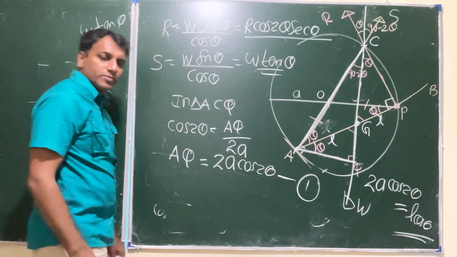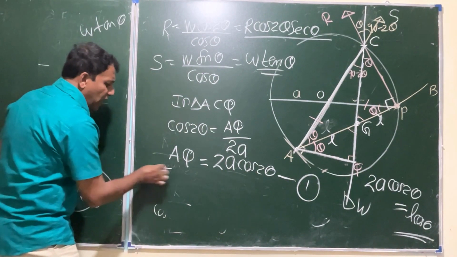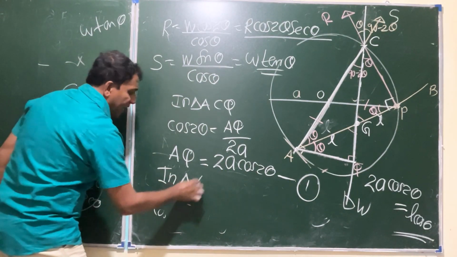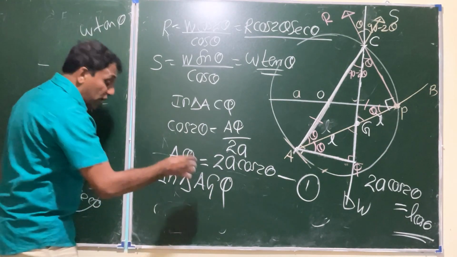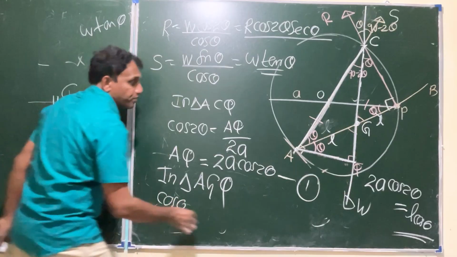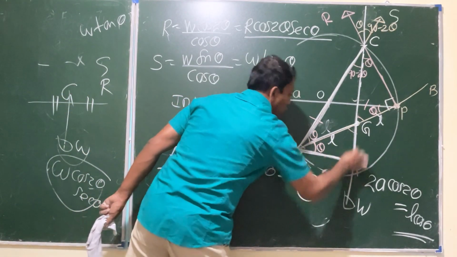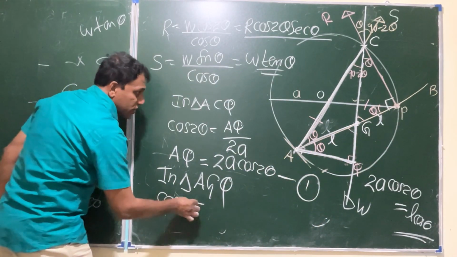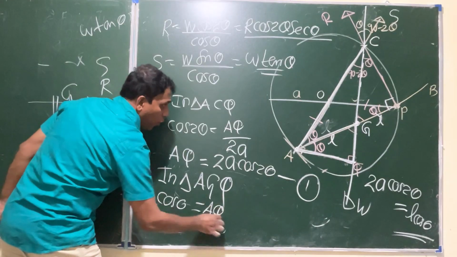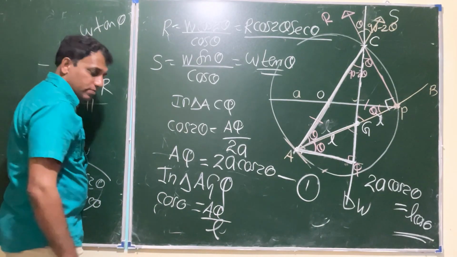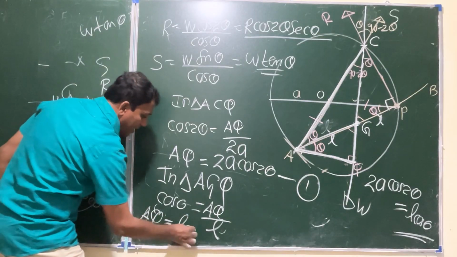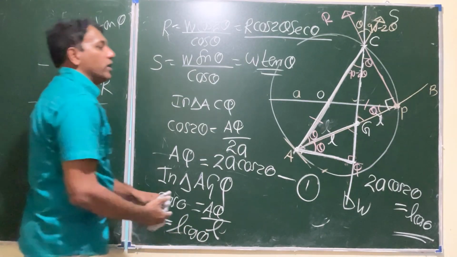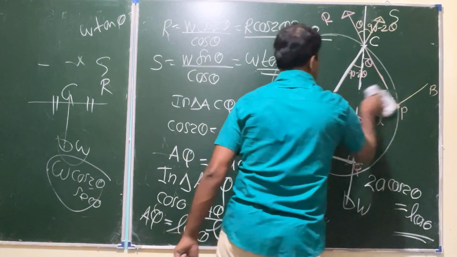Number one. Now take the triangle AGQ. What is cos theta in this triangle? What is cos theta? Equal AQ over L. Therefore, AQ equals L cos theta, okay? AQ equals L cos theta.